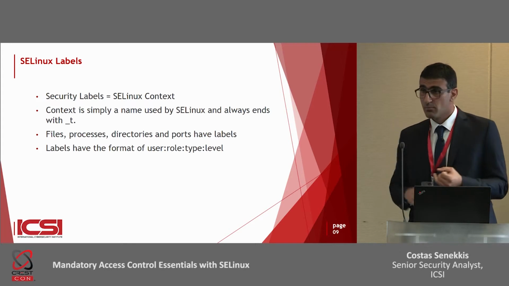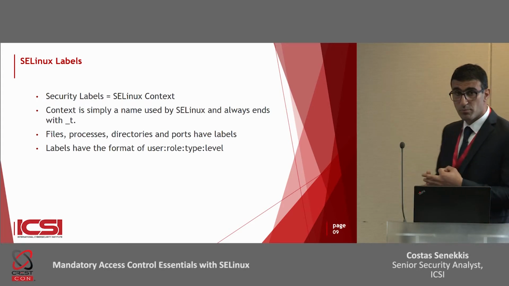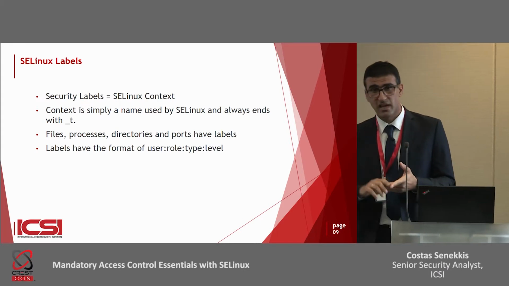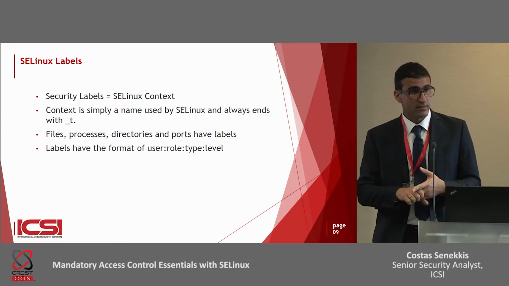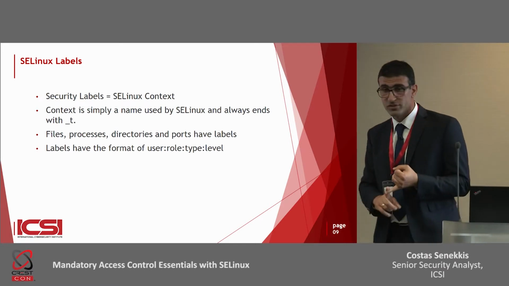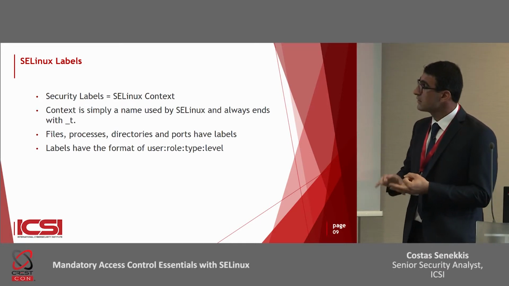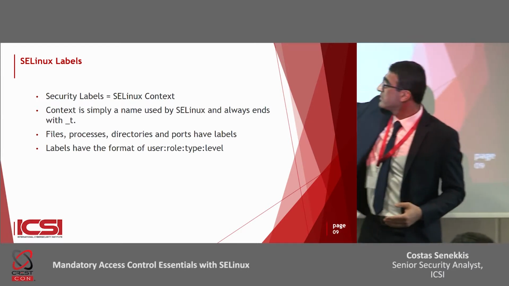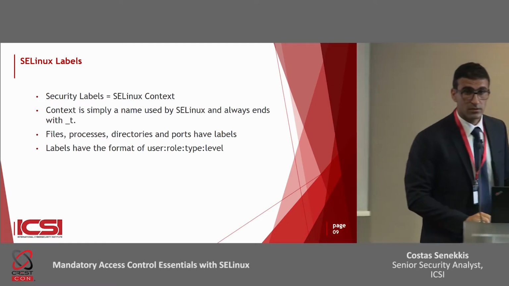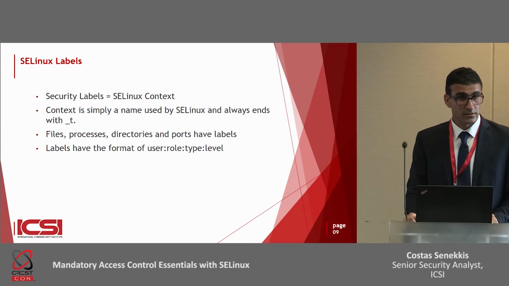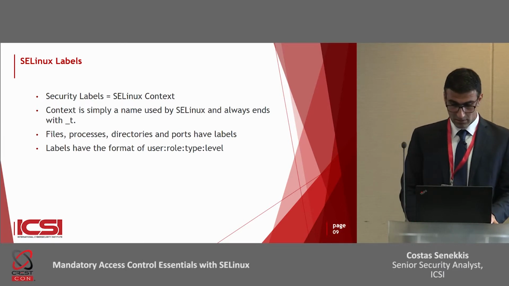Files, processes, directories, ports, even the remote file systems like NFS, SMB, CIFS, also have SELinux labels. The SELinux labels have the format of user, role, type, and level. For today, we are only interested in the type one. The type label always ends with _t. I will make examples at the end.